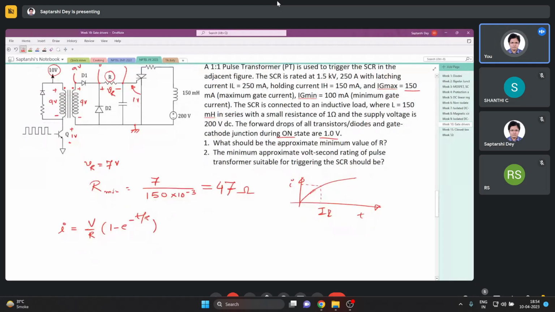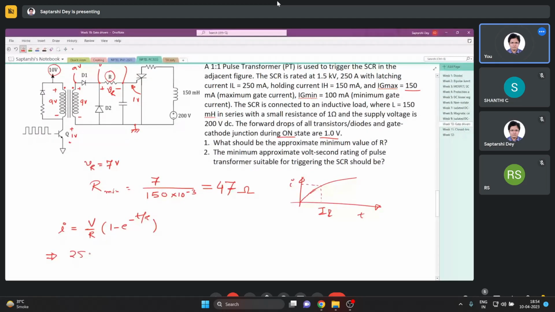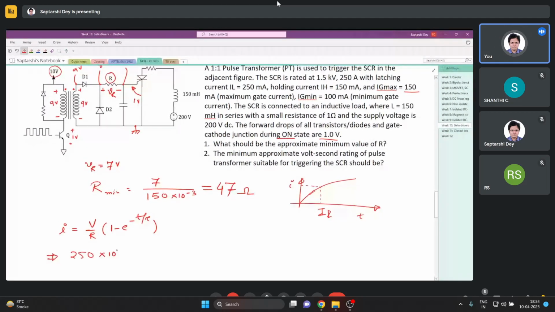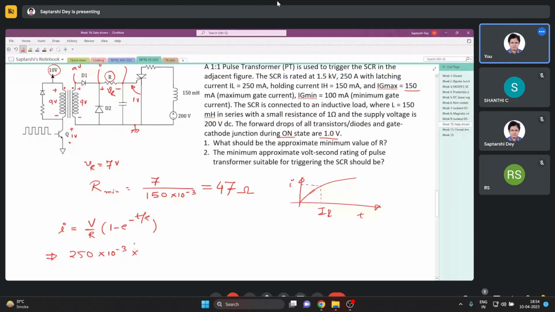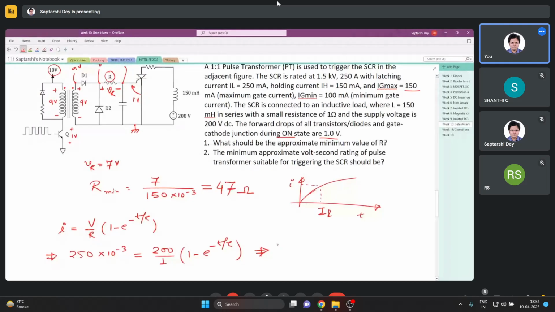Our latching current is 250 milliamps, so it comes out 250 times 10 to the power minus 3. Voltage is 200 volt, resistance is 1, t by tau. So from here let us first find out t by tau. Can you tell me quickly?